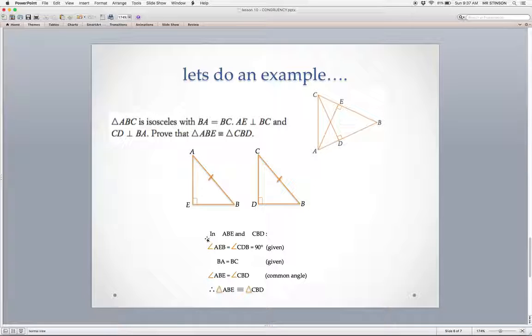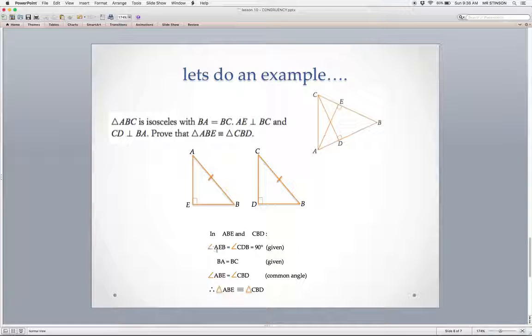You would always start by writing in triangle ABE and triangle CBD, and why don't we copy our little, well, we can't copy our triangles there, but imagine that there would be a little diagram of a triangle before each of these. That would be our first sentence, and then we would look at proving our three things, and in this case it was the angle, angle and side test.